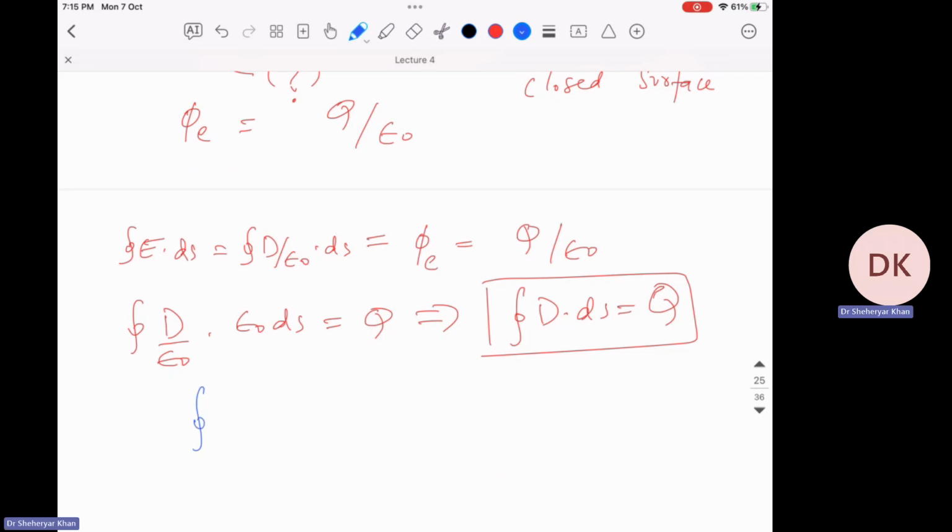The divergence theorem says that the surface integration of some quantity is actually equal to the volume integration of that quantity, but it should be in the form of a divergence, right? Correct? It's true, right? That's the divergence theorem.